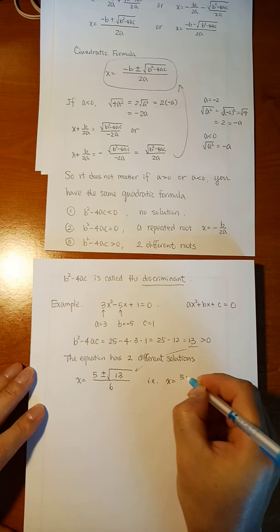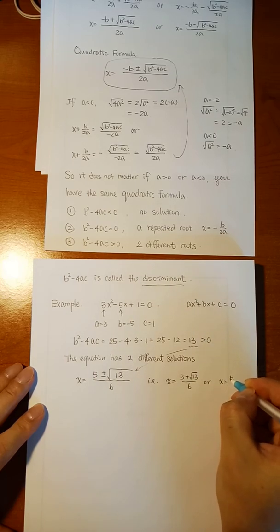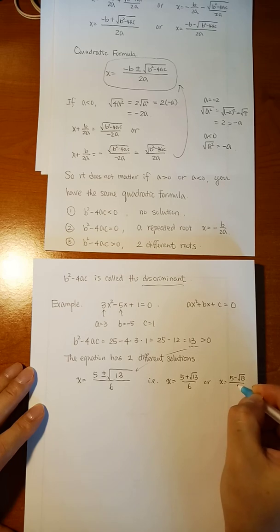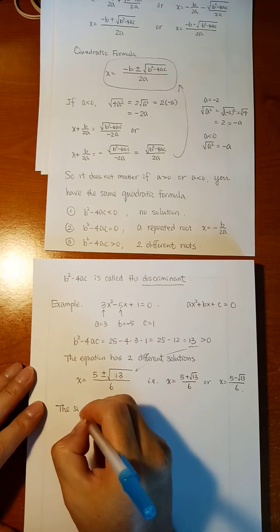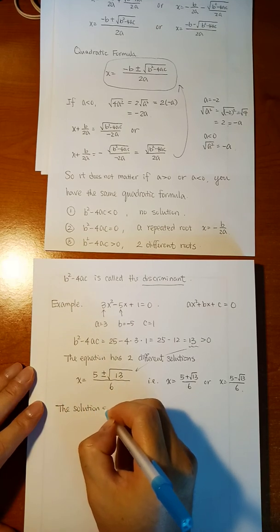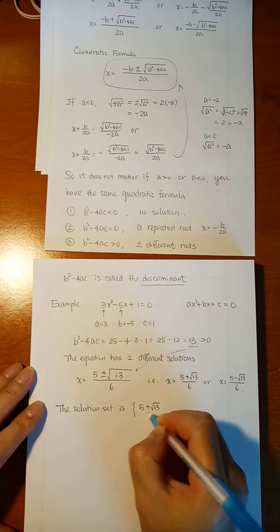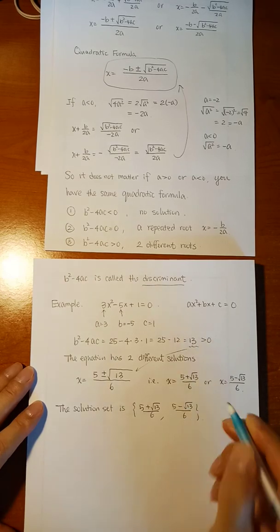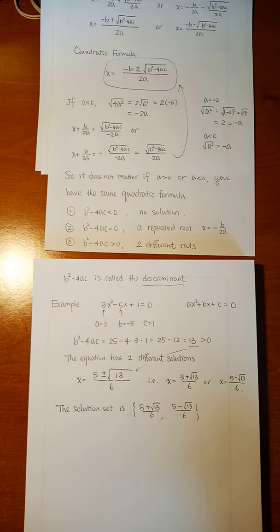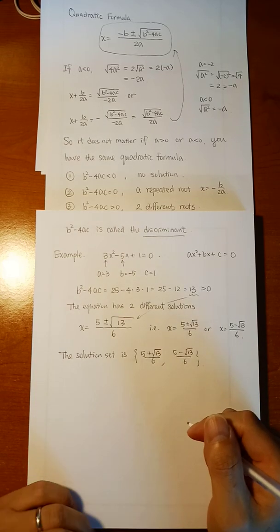X is 5 plus square root of 13 over 6, or x is 5 minus square root of 13 over 6. Okay, so the solution set is 5 plus root 13 over 6, 5 minus root 13 over 6. And that's it. Okay, you see how we apply this quadratic formula.